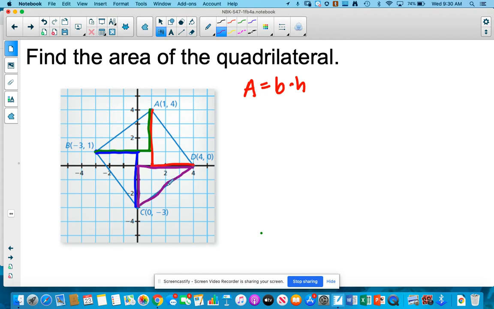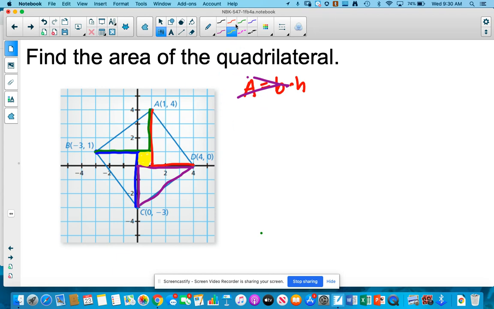So base times height divided by 2, okay? For the entire shape, we don't know the base, we don't know the height, so I really cannot use this. Although I've got a little square in the middle here, so I'm going to be basically adding up 1, 2, 3, 4, 5 areas.